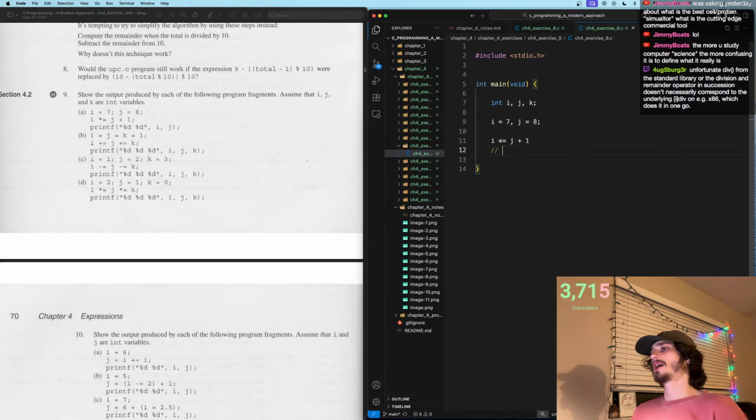Actually, this is kind of interesting. In Python, I know what would happen, right? But would this go to 9 for j, or would this do multiply and then add 1 to j? No, I think it would do the assignment last. Right, the assignment has last precedence, or last associativity, precedence, yeah, I think so.